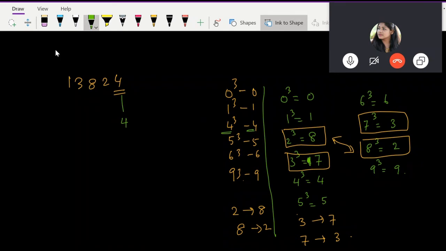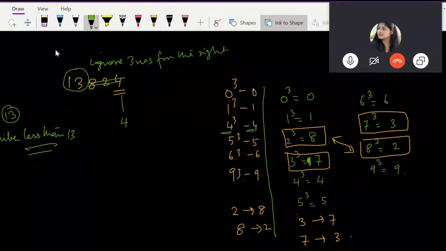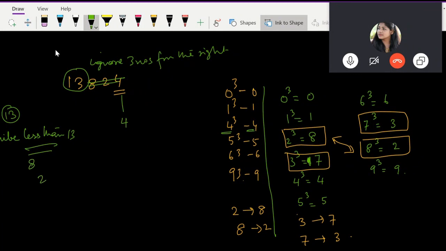Since we are taking a cube root, we will ignore 3 numbers from the right. So we forget about these 3 and look at the rest of the numbers, 1, 3, so 13. What is the cube less than 13? 8, which is 2 cube. Therefore, the first digit will be 2.